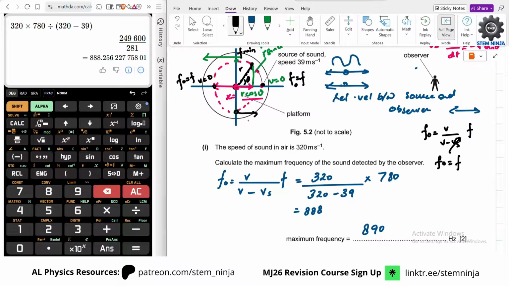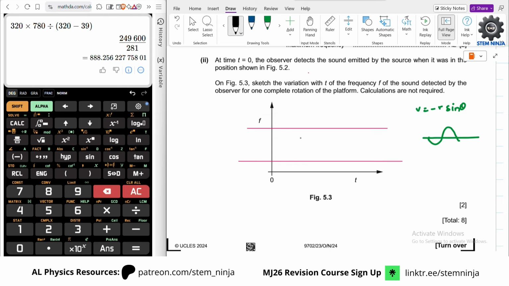The horizontal velocity, so the relative velocity, is at its maximum at this point towards the observer. So this would be the max. Since it is moving this way, we have 0, minimum, and maximum, so it's oscillating between these.